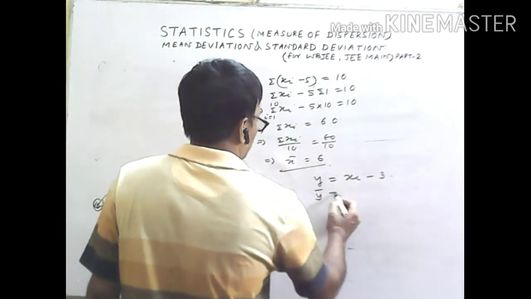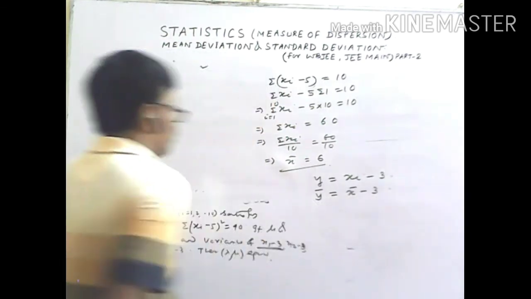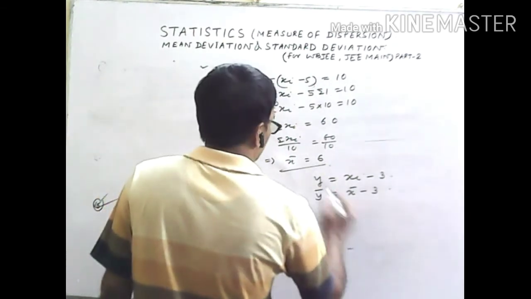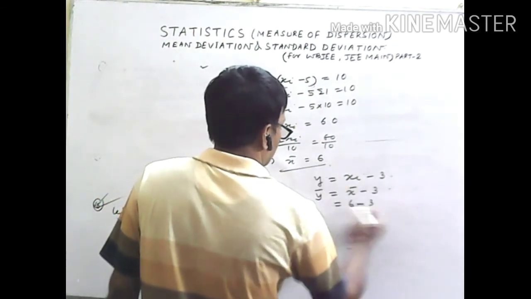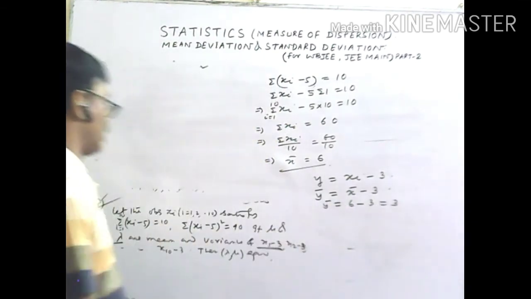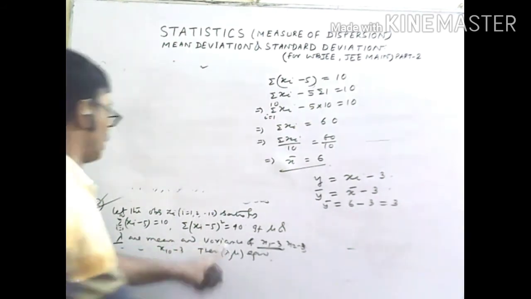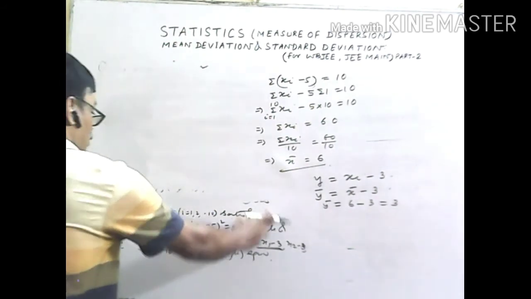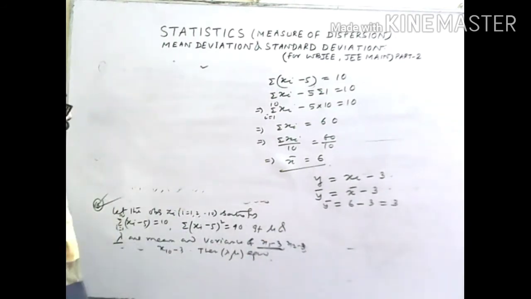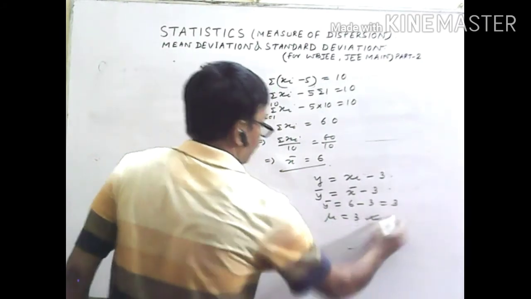Y bar equals x bar minus 3. This is 6, so y bar equals 3. Mu is the mean with respect to xi minus 3, so mu equals 3.